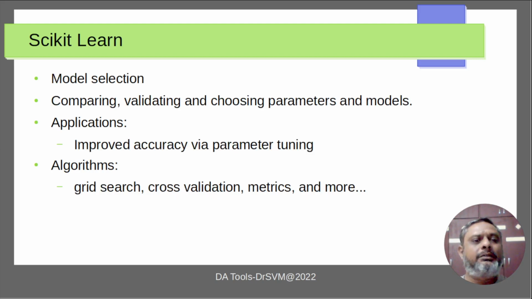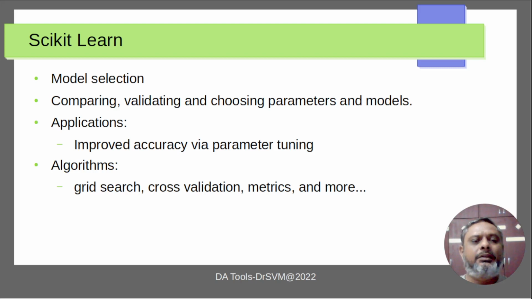Then we have tools for model selection. So comparing, validating, choosing parameters and models is possible through scikit-learn tools. Application: improved accuracy via parameter tuning. So when you're selecting the model, if we do it manually, we may not be able to find the best possible model for our current problem.